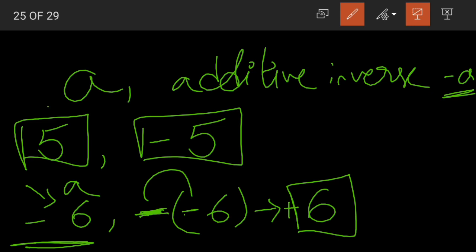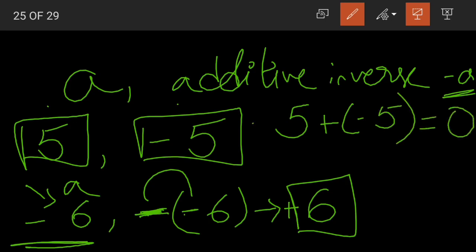Now what is the condition that the additive inverse should satisfy? When we add a number with its additive inverse, like 5 plus of minus 5, the answer should be 0. Is this correct? 5 plus of minus 5, is it equal to 0? Yes, it is equal to 0. Plus into minus becomes minus, then we have 5.